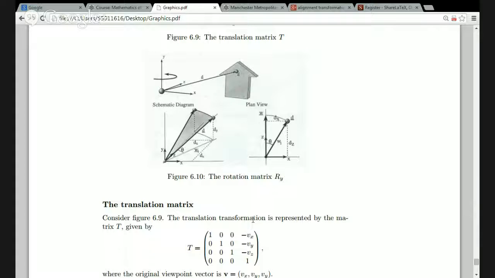So the cosine becomes this, and the sine of phi becomes dy over magnitude of d. The magnitude of d, of course, is part of the data. That's just the square root of the sum of the squares, dx squared plus dy squared plus dz squared.